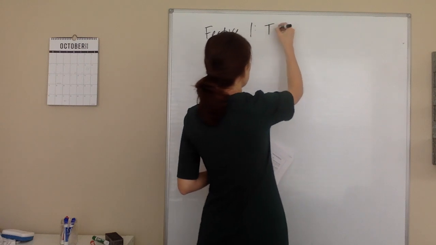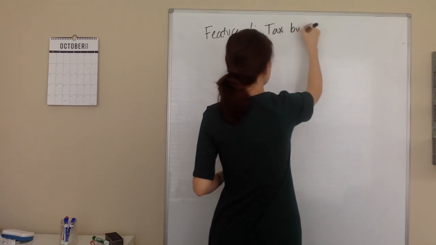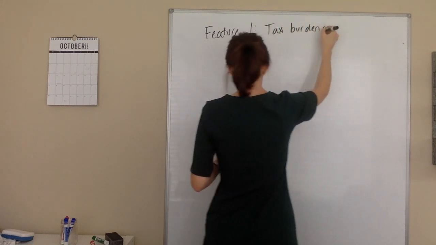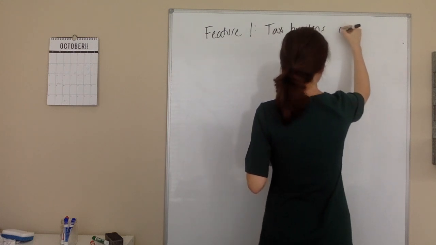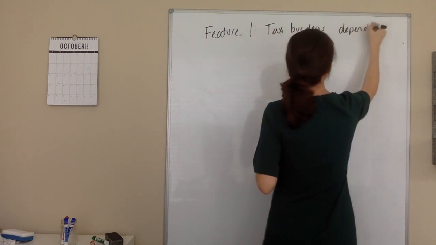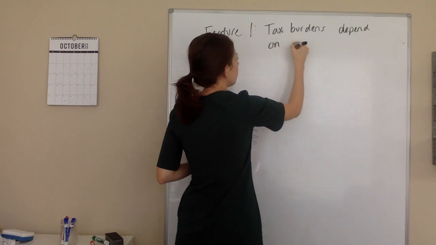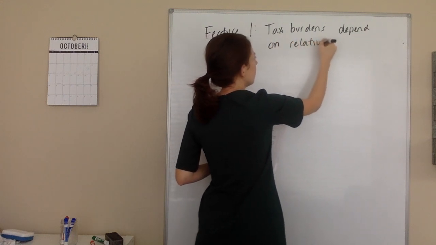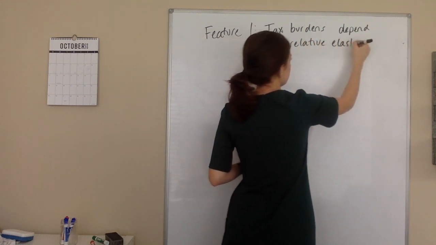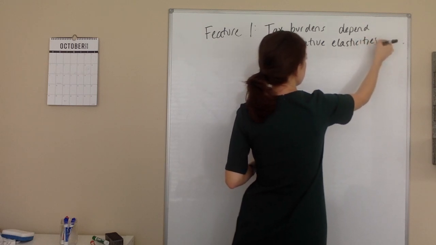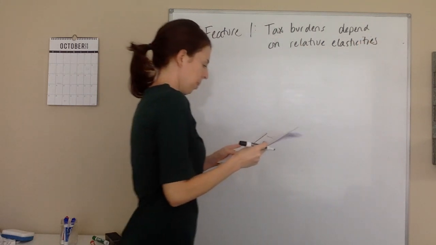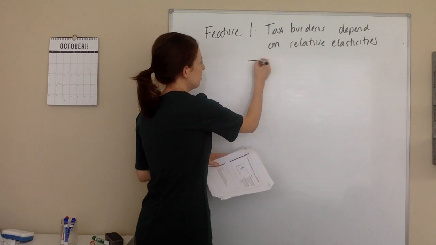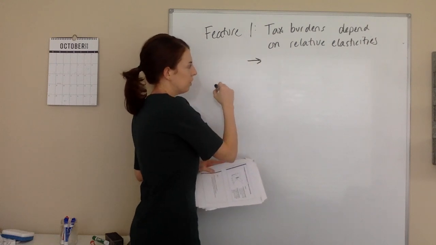So tax burdens depend on relative elasticities. Okay, and then underneath this, I'm going to put the specific relationship.